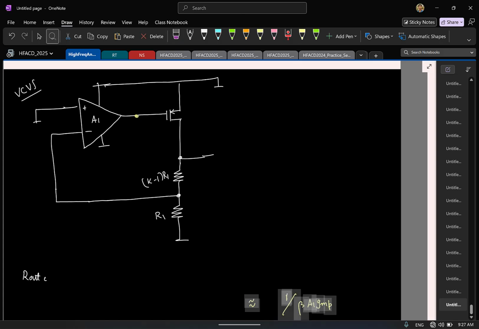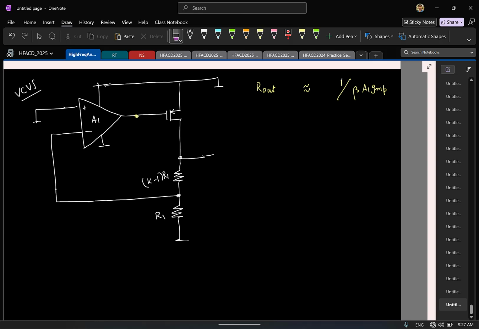So this is your approximate output impedance. So this is again assuming that there is no capacitors in the circuit. Now let's assume that the op amp has one pole. So maybe I'll model it this way. I'll say that this is a GM, has some R, let us say some R1, which is not R1, maybe RO.